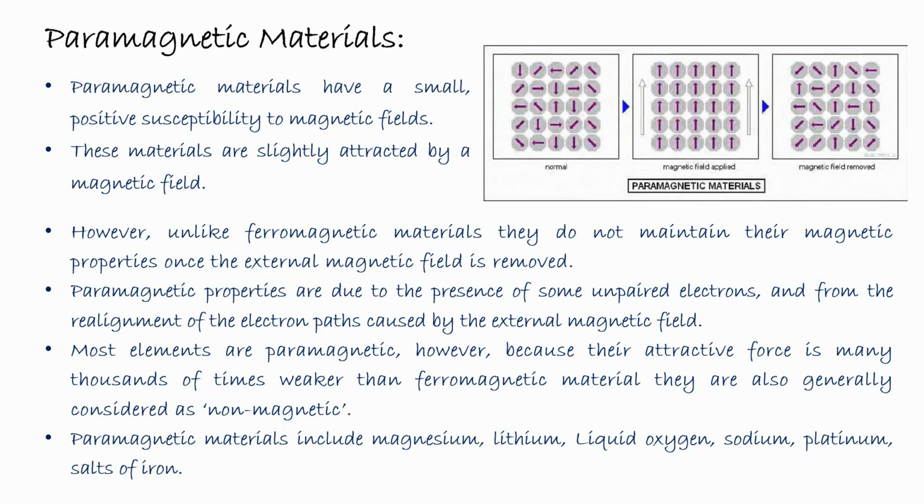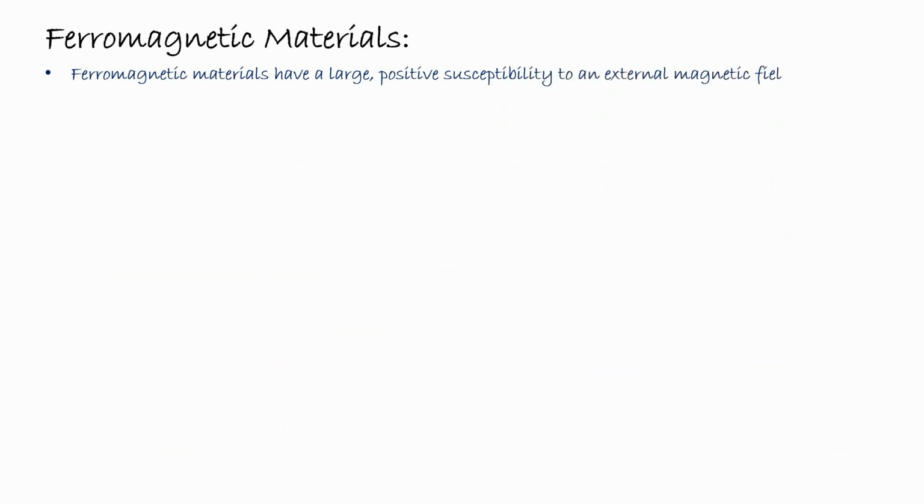Next is the ferromagnetic material. The ferromagnetic materials have a very large positive susceptibility to an external magnetic field. That means this type of material is easily converted to a magnet and has a very strong magnetic field because of the external magnetic field.